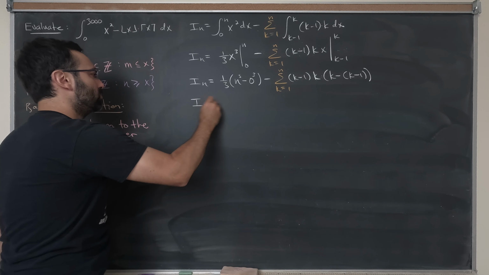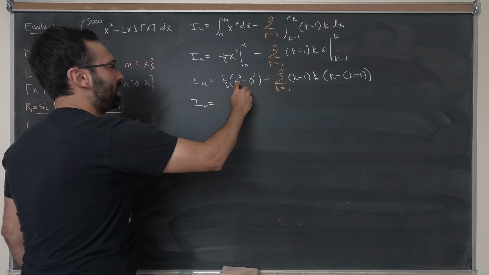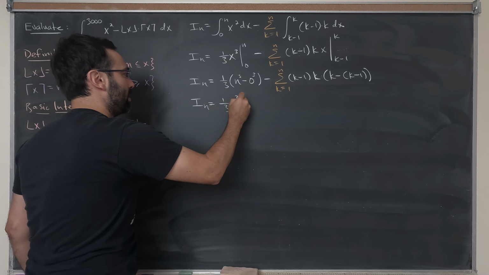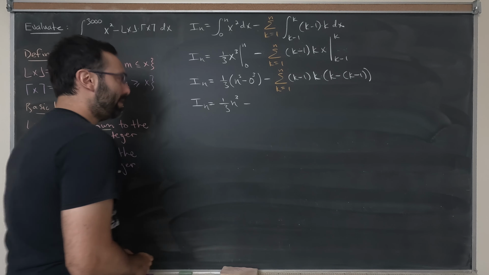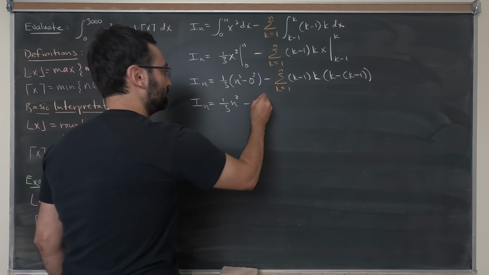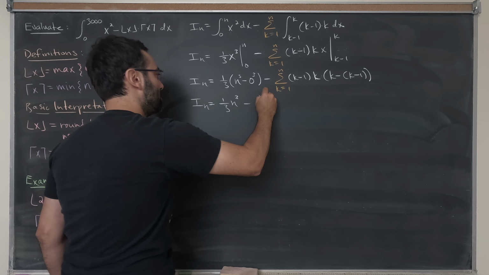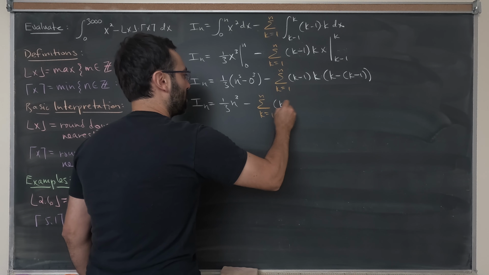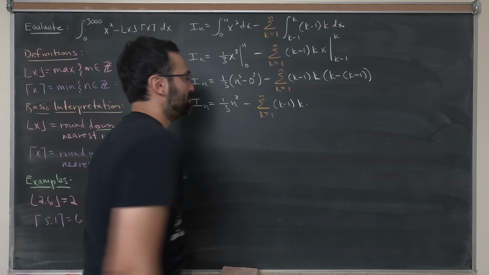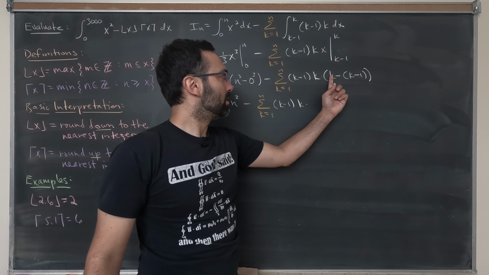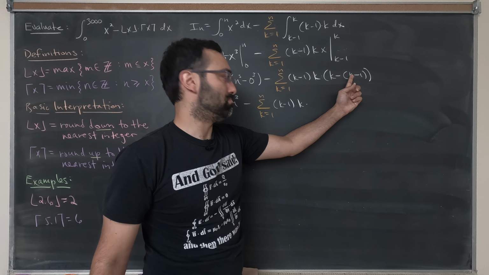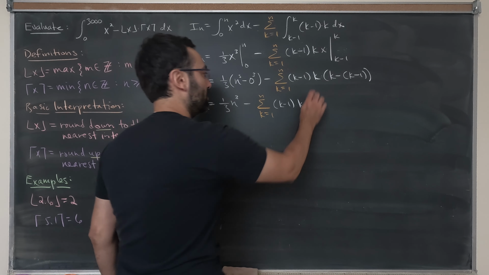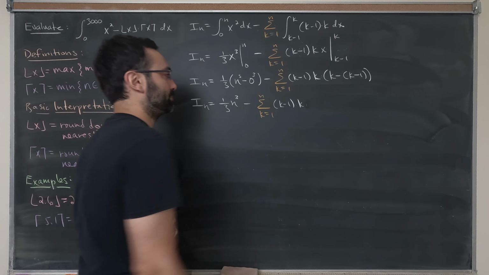But this is nothing more than, well, n cubed minus 0 cubed is n cubed. So we have 1/3 n cubed minus the sum from k equals 1 to n of k minus 1 times k times k minus k is nothing, minus 1 is 1. So we're left with just 1.